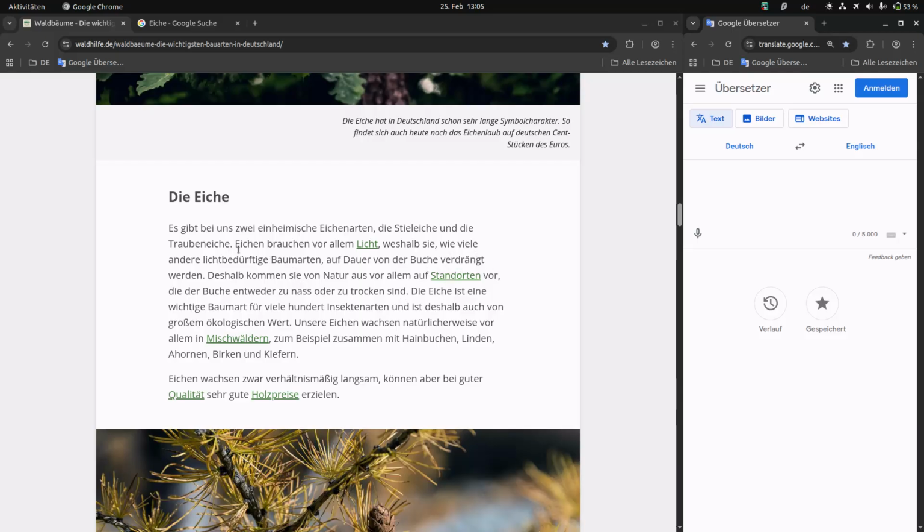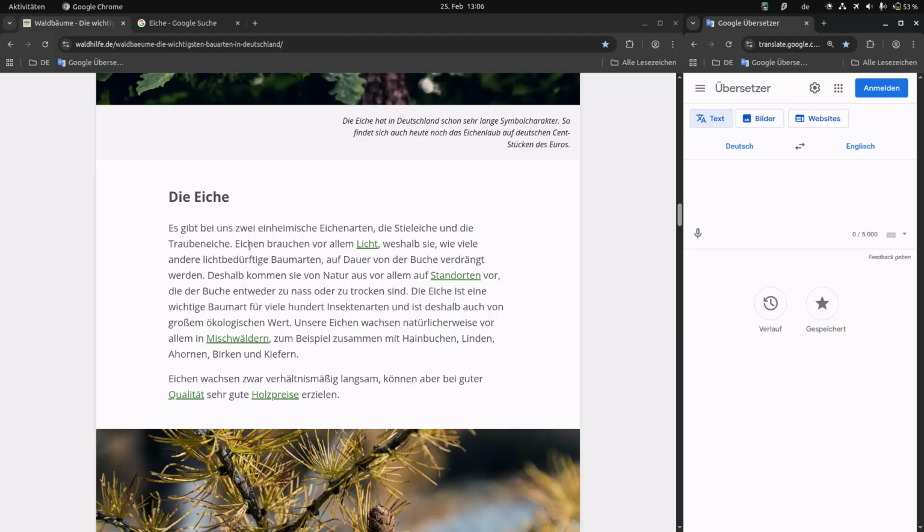And let's translate that in the sentence structure of German. Eichen, oaks, need above all light, which is why, you could also say, they, like many other light-needing tree species, as time goes by, by the beech, urged out, are being, you could say.